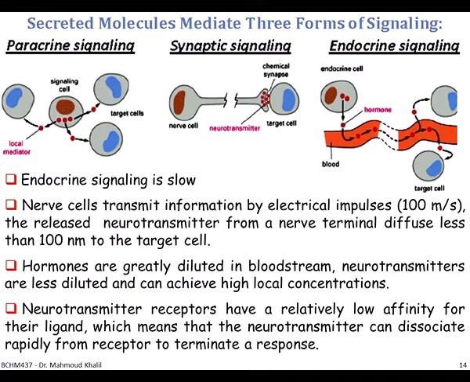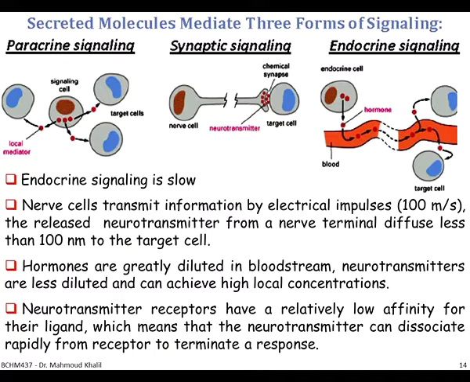Of course, any of these secretory molecules, whether paracrine, synaptic neurotransmitters, or hormones, need specific receptors, but the receptor of the neurotransmitter differs from the other receptors, because the receptors of the neurotransmitters on the target cells have to be of relatively low affinity for the ligand.